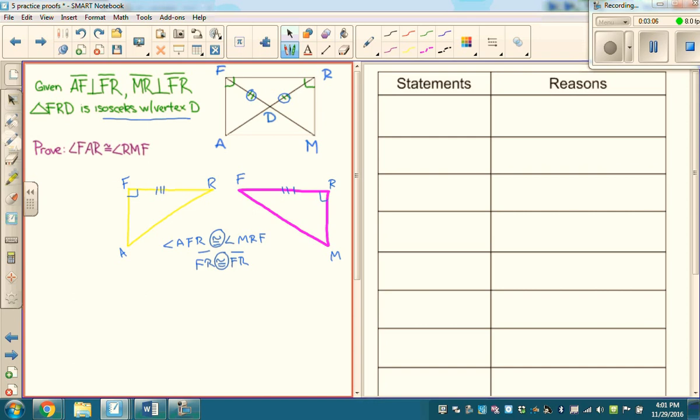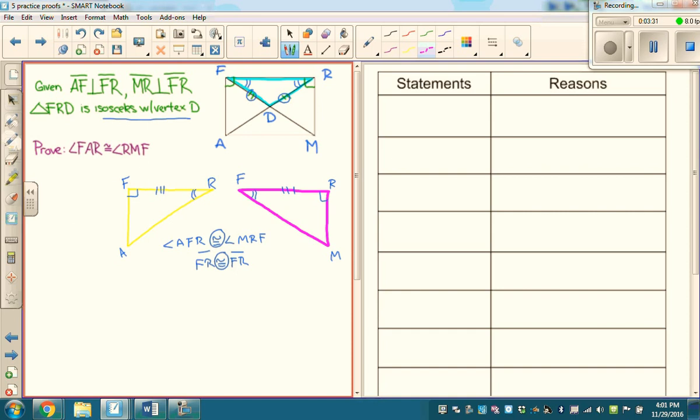So just a little bit more use of a highlighter to draw attention to what I'm talking about. We're told this is isosceles here. And what that gives me is congruent angles here. And that, in this picture, transfers to these here.